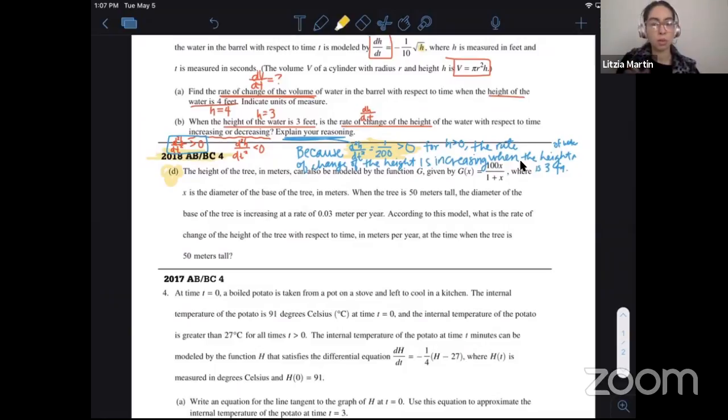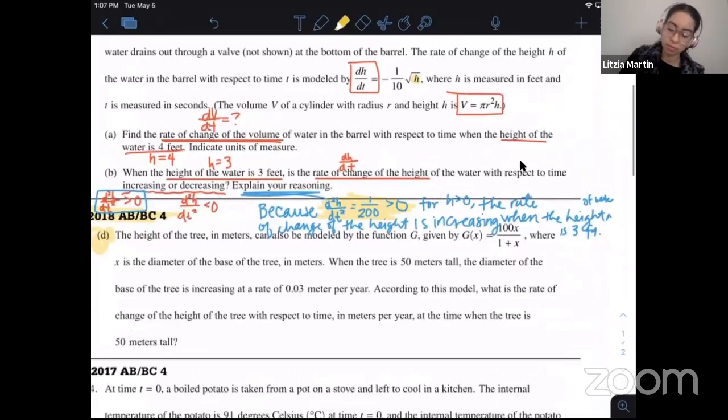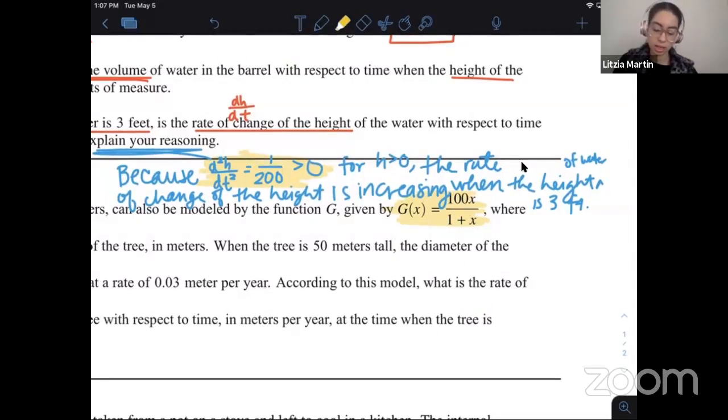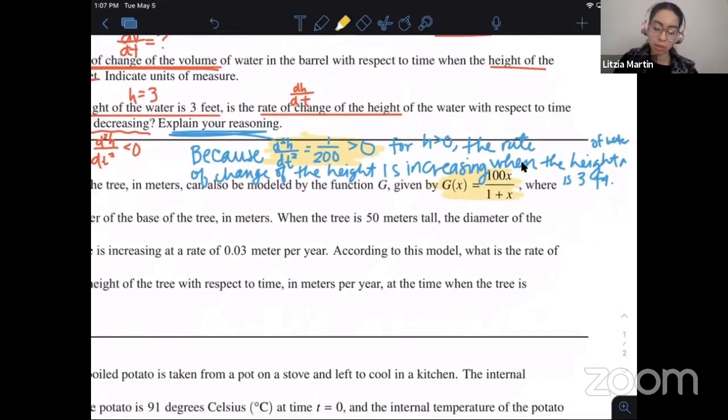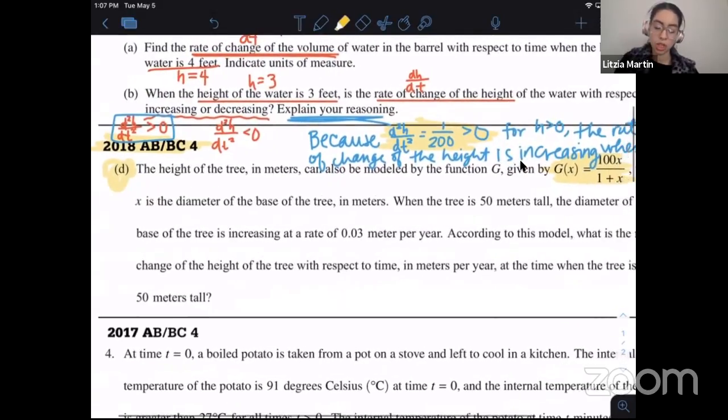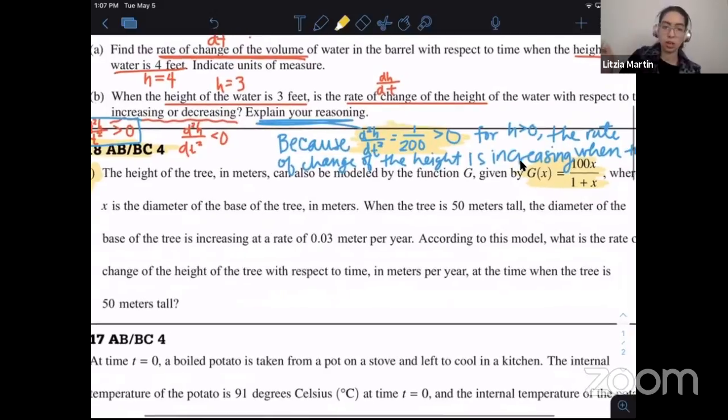The first thing, the most important thing, is when you're given a function, you want to recognize and be able to determine the input and output values. What do they mean? How does this function work? So here is the g of x function. It says x is the diameter and g is the height of the tree.